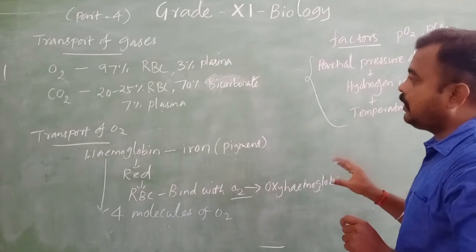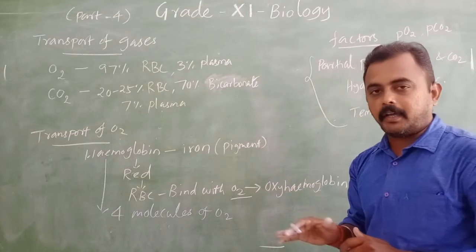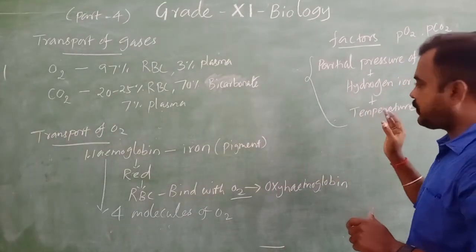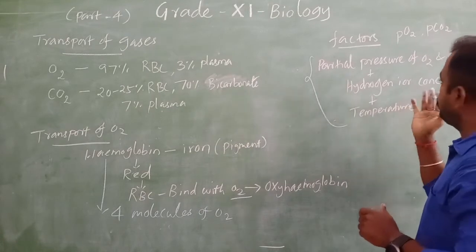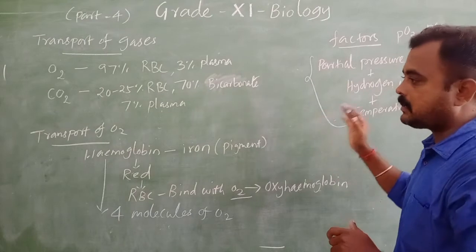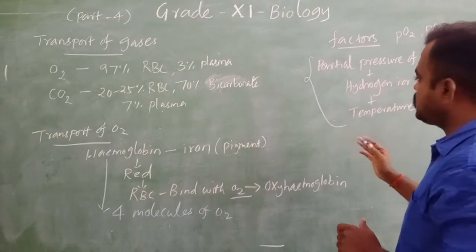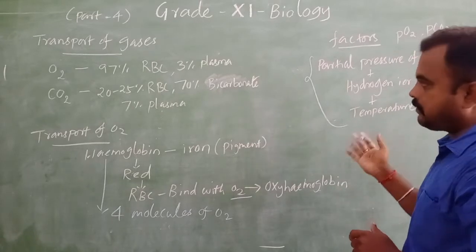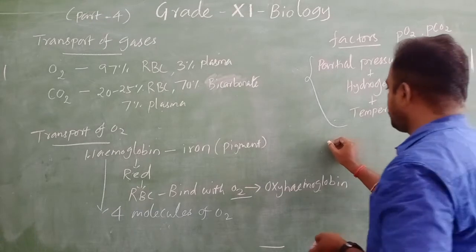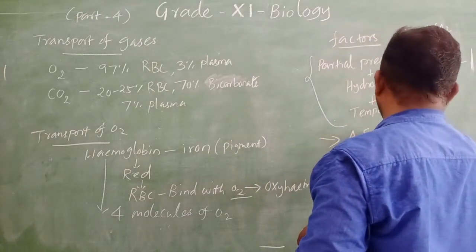Before that, one sigmoid curve will be given by the pressure. Whose pressure? Partial pressure of oxygen, as well as the percentage saturation of hemoglobin. I will tell you. Here is a sigmoid curve.